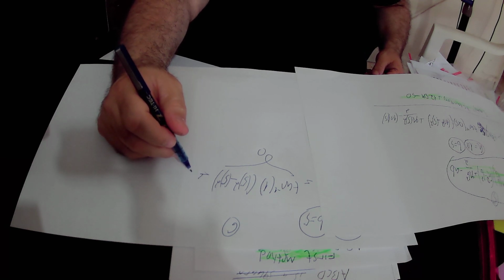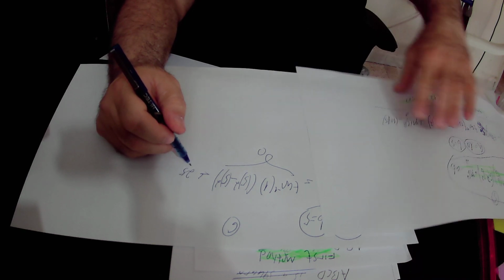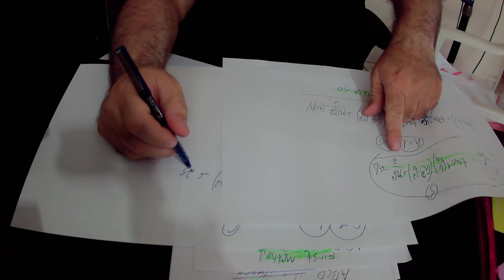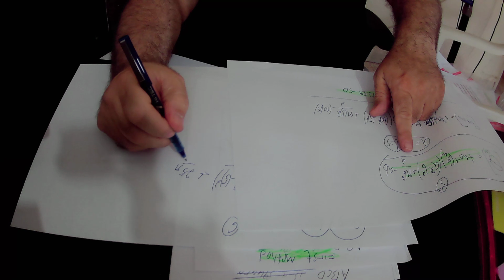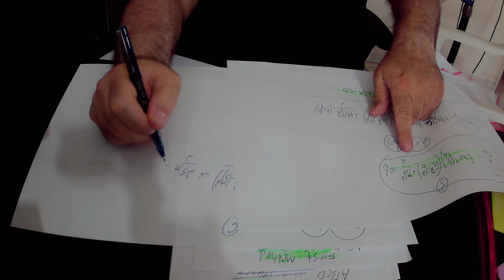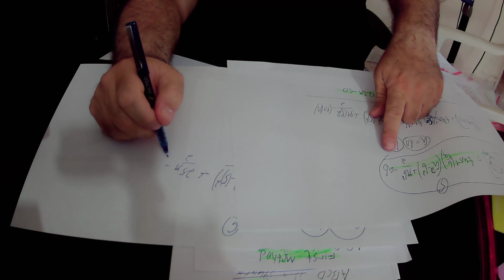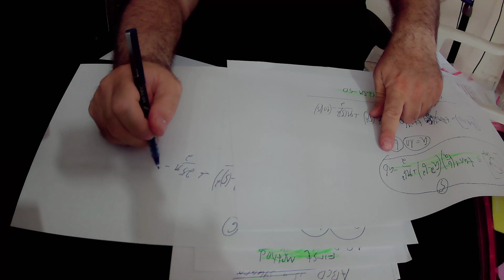B is 5, so B squared is 25, so it is 25 times pi over 2, minus AB. A is 5, B is 5, so 5 times 5 is 25.